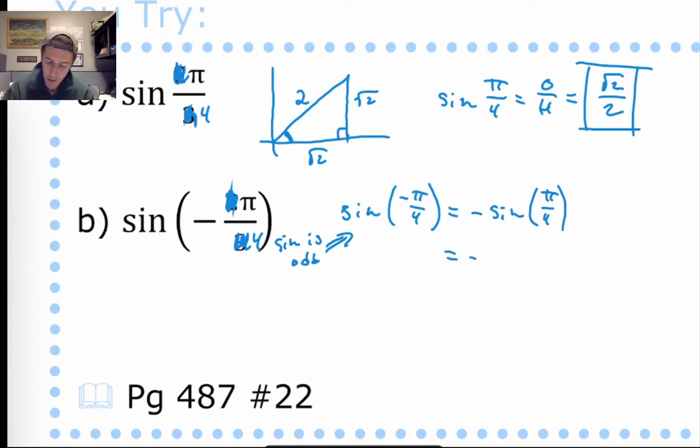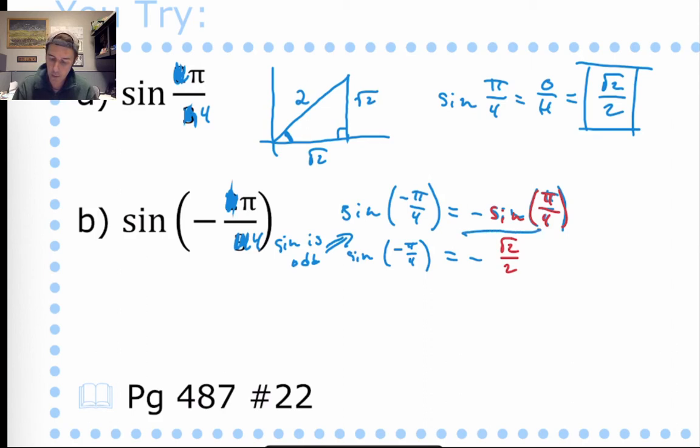Well, I know that the sine of pi over 4 is equal to the square root of 2 over 2. Therefore, the sine of negative pi over 4 is equal to negative square root 2 over 2.